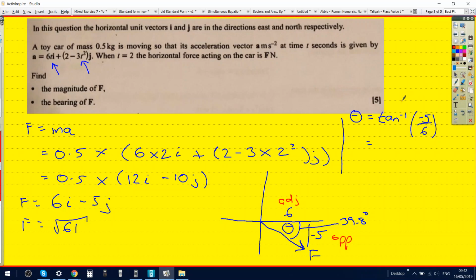What's a bearing? Oh, no idea. I don't know what that is. So bearing: point north, turn clockwise, and stop when you hit the line. And so in this case, the bearing is that angle and 90, the thing above it. Yeah.